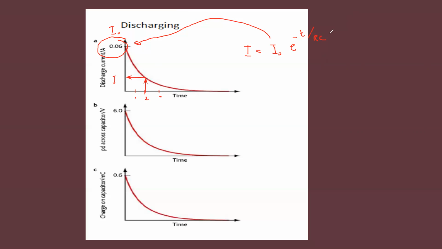R is the resistance, because the flow of current from the capacitor depends on the external resistance, the value of R. So R is the circuit resistance and C is the capacitance, how much charge a capacitor can store per unit voltage.